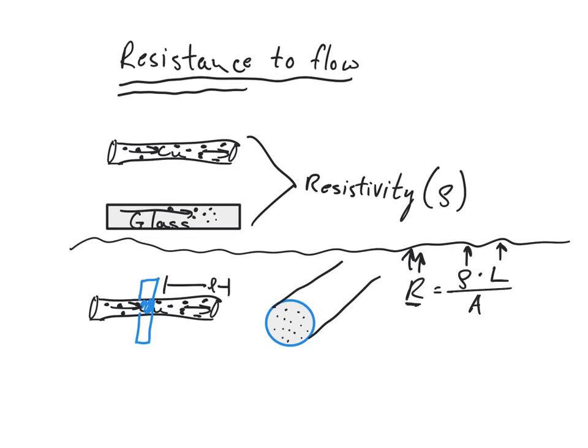And area is inversely proportional to resistance. This means that the larger the wire, the easier it is to flow. Or rather, more area means less resistance for the wire. All three of these proportionalities should be relatively intuitive.